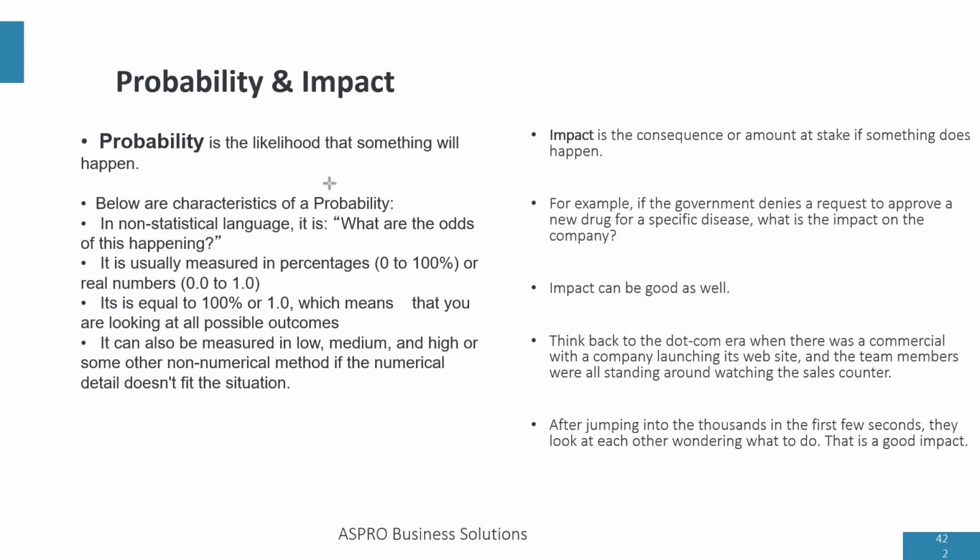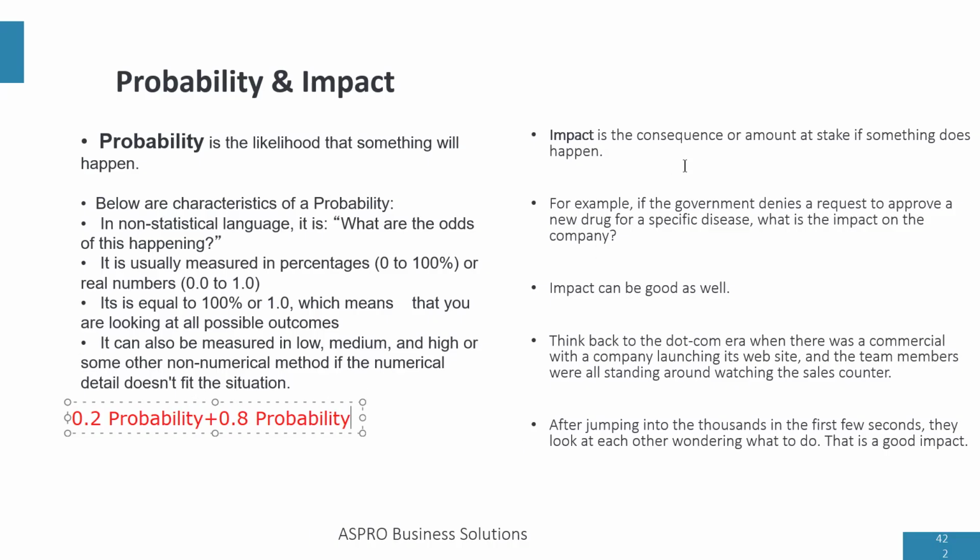Now, if I say there is a 0.2 probability that it will rain tomorrow, I'm also saying that there's a 0.8 probability it will not rain tomorrow. And the sum of all possible outcomes of a single event is equal to 1.